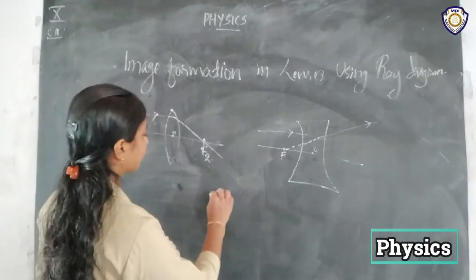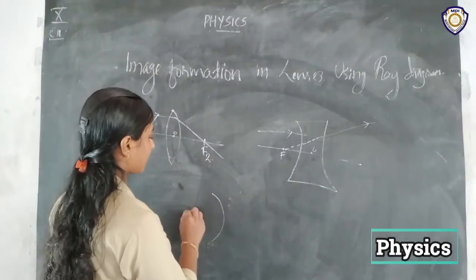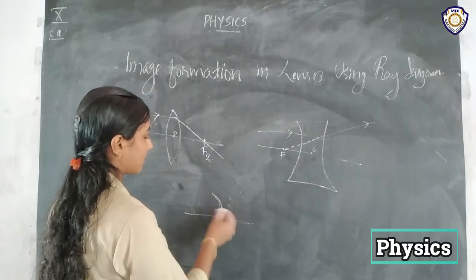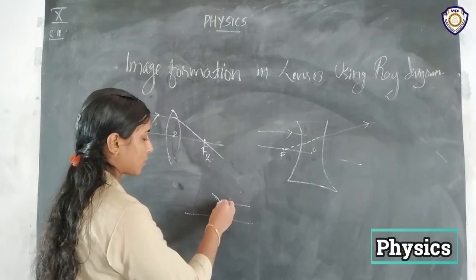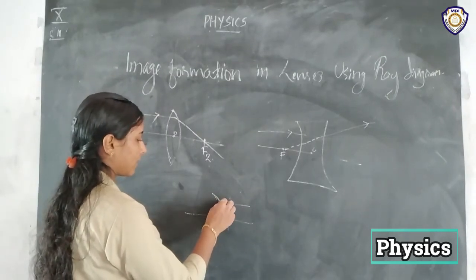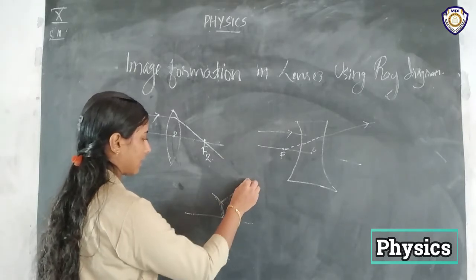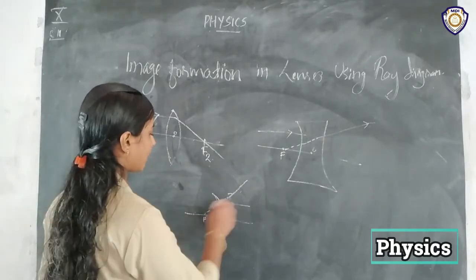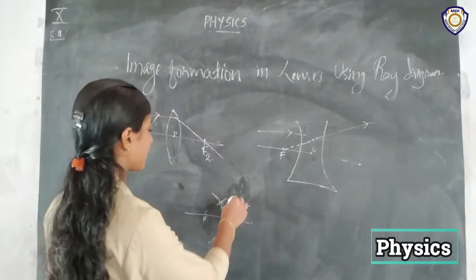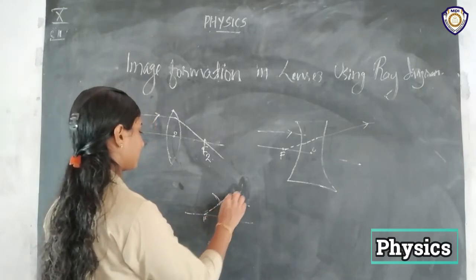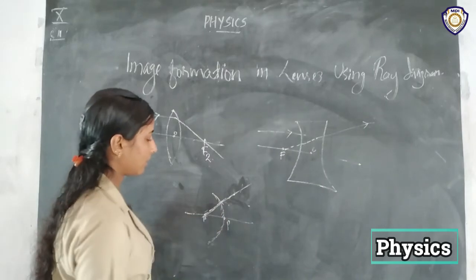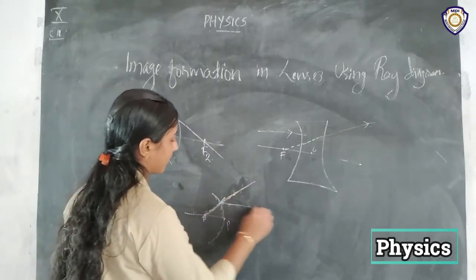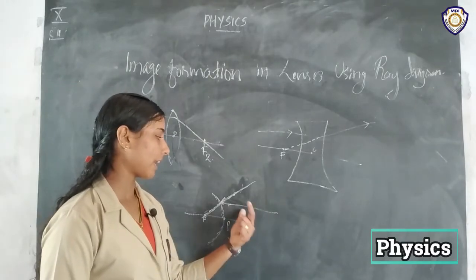In the case of a spherical mirror, this is the principal axis, this is the pole, and the light ray parallel to the principal axis reflects like this, diverging from F. Also, when a light ray is incident through the principal focus, after refraction it will pass parallel to the principal axis.